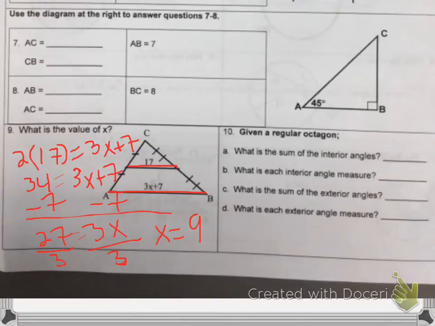Now it says the sum of exterior angles. When you think about the exterior angles of every regular polygon, it doesn't matter what size it is or how many sides, if it's a regular polygon, it's always going to be 360 degrees when you add them all up.